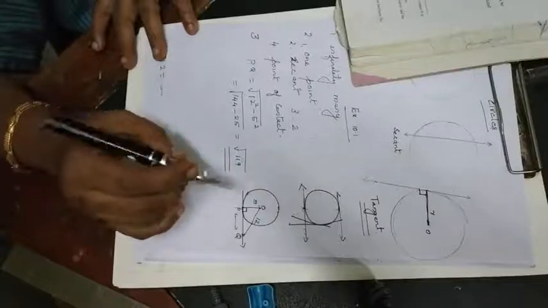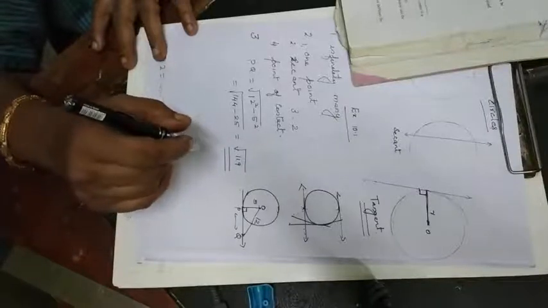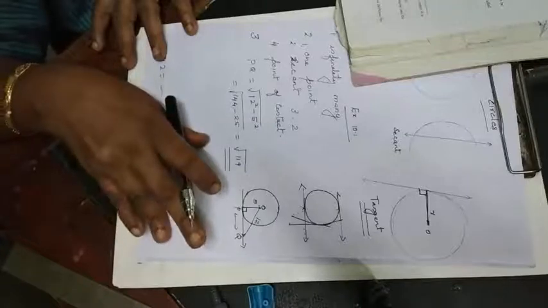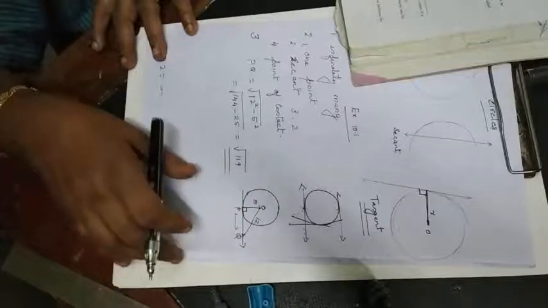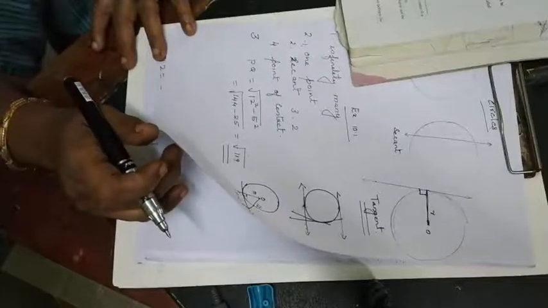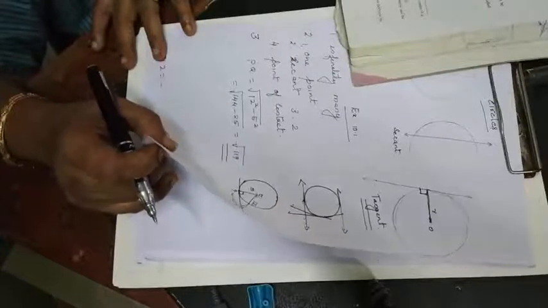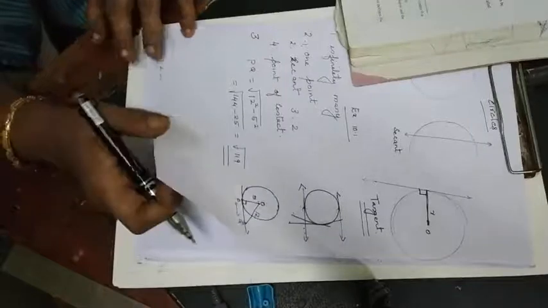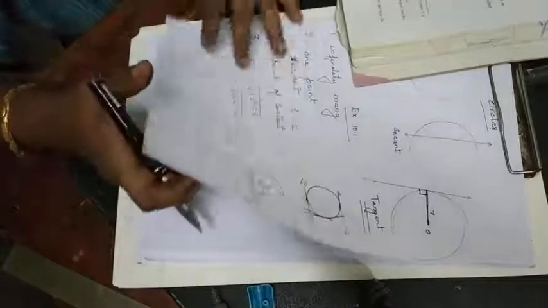Now fourth one is, draw a circle and two lines parallel to a given line such that one is a tangent and the other is a secant to the circle. Now let us first draw a circle.